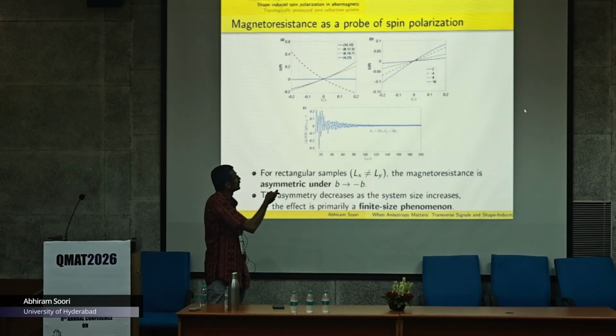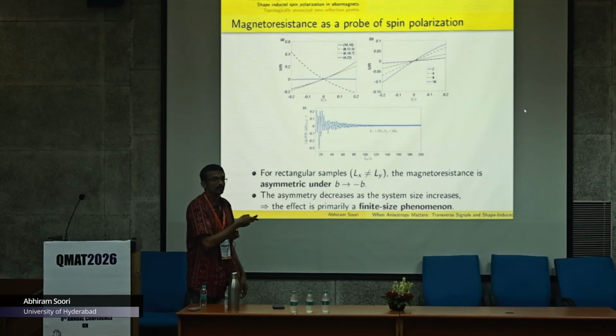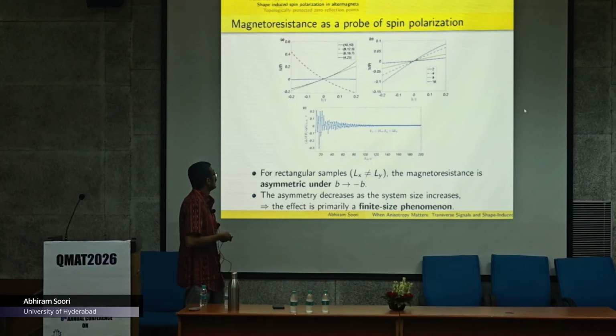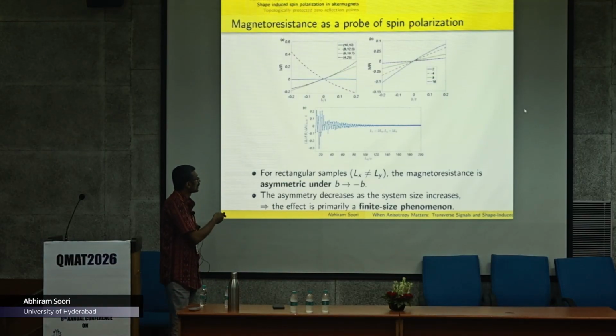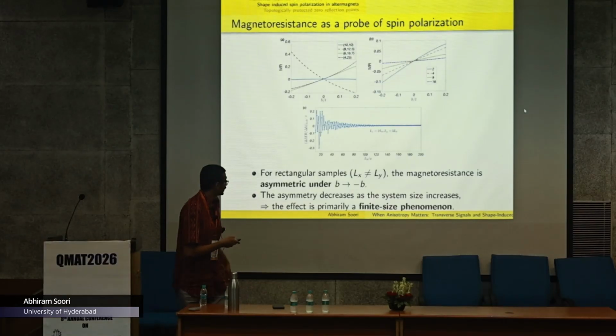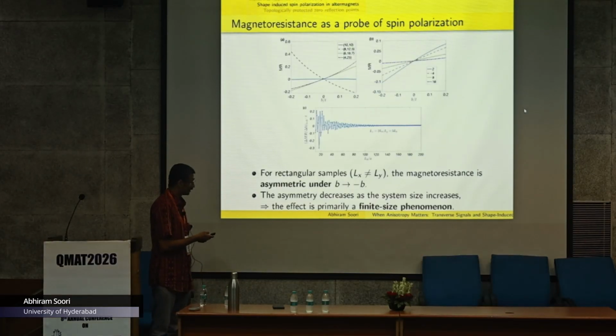Different curves are for different sizes, and as the system size grows, the slope of the magnetoresistance versus magnetization goes to 0. Here I am plotting that slope versus the system size, it oscillates, and for large system size it goes to 0. Okay, so this is the summary of this work.